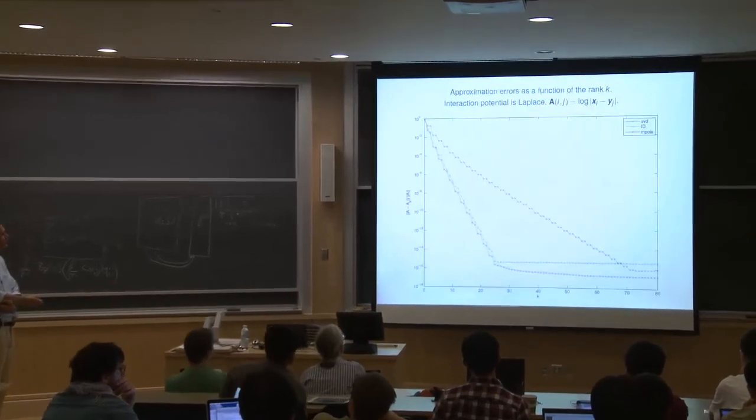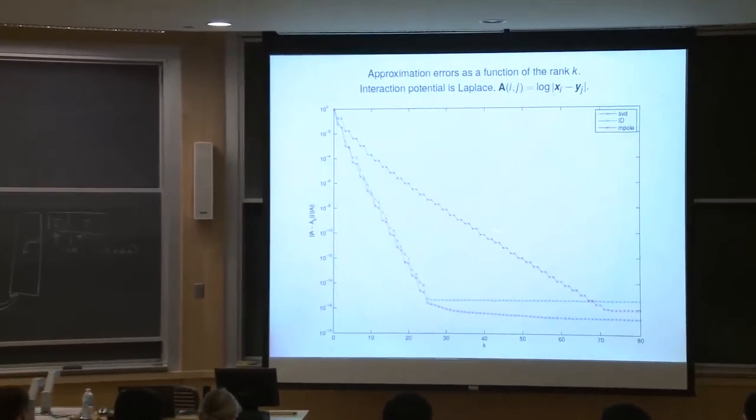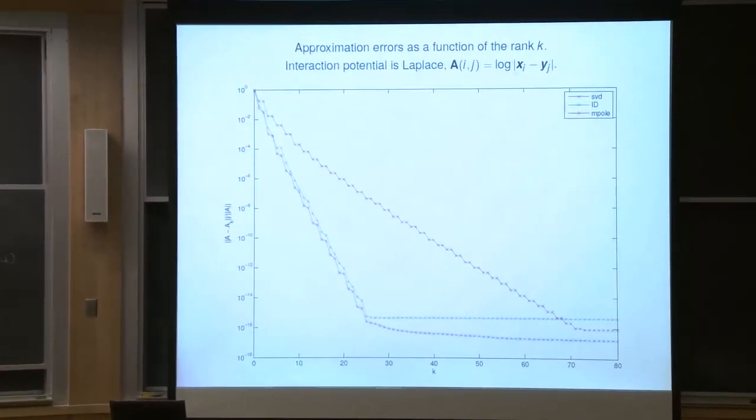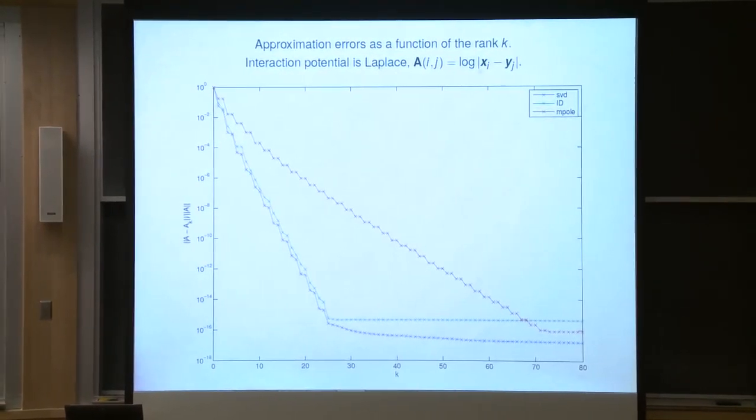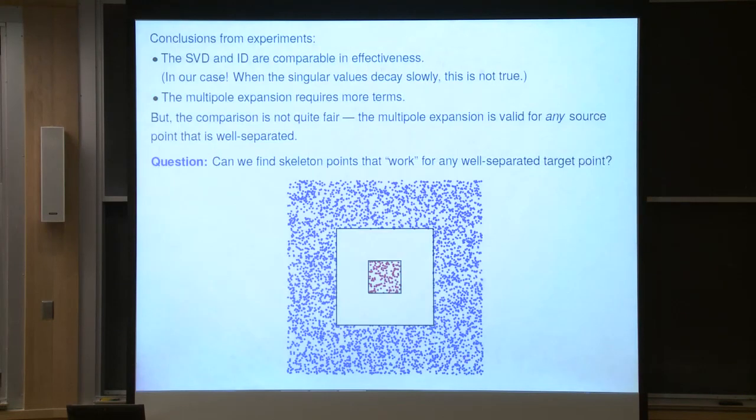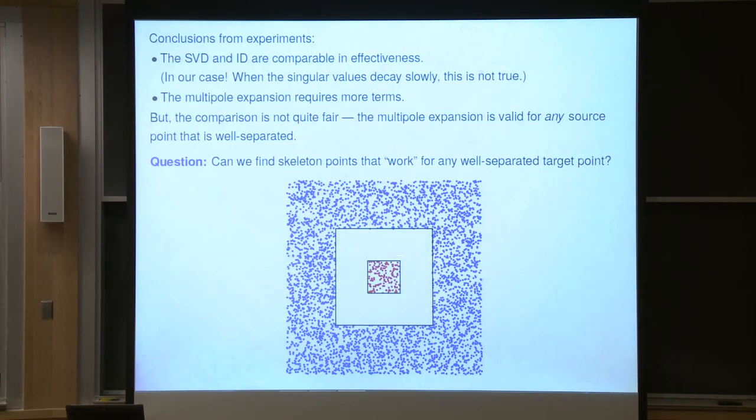But the other thing that's interesting here is that the multipole expansion is extremely suboptimal for this case. But I'm not being quite fair, right? Because for the red box, the multipole expansion is valid at all these points, whereas what I computed in the previous slide is really a directional expansion.